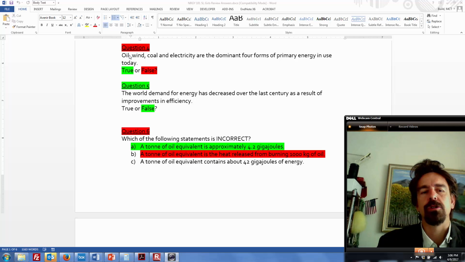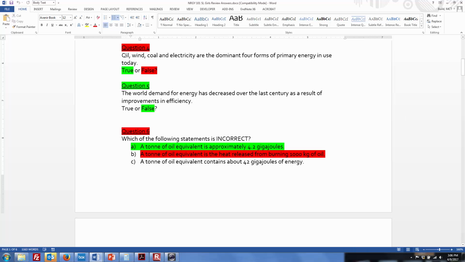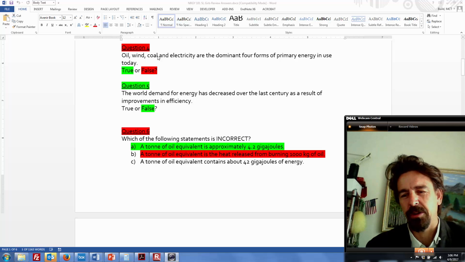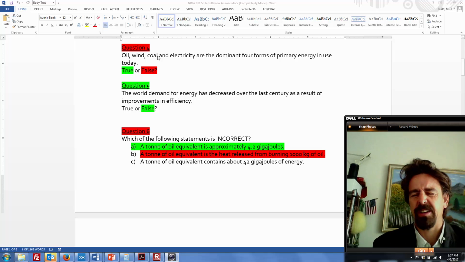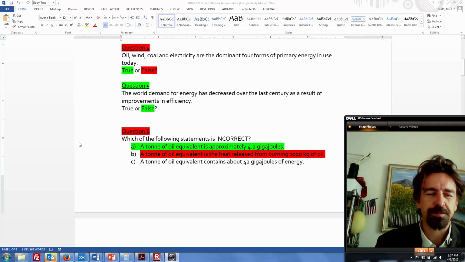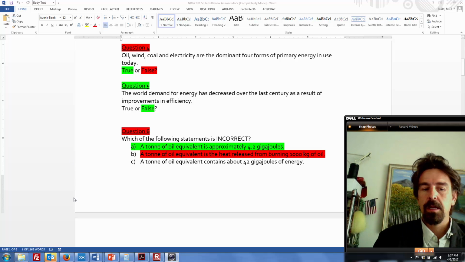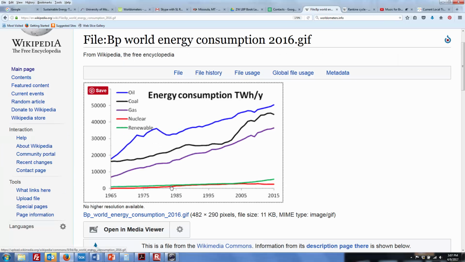What you should know is that oil and coal are the primary dominant forms. And maybe this question wasn't so good, but let's just do a little bit of research and clear it up. It's my fault too. It's not a very good question. But let's look.